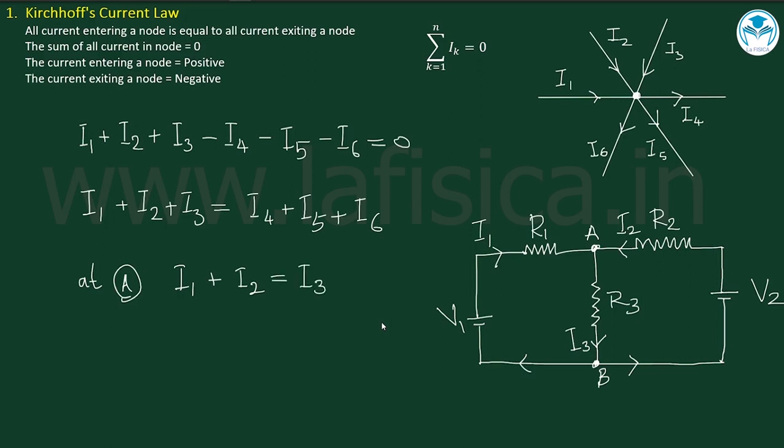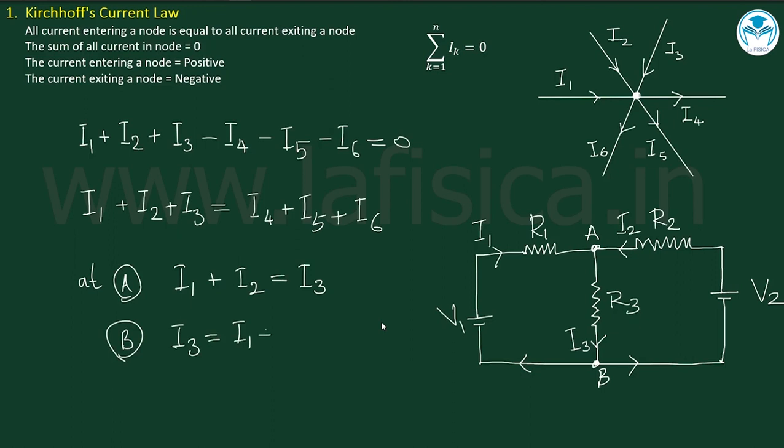At node B, I3 is entering the node and I1 and I2 are exiting. Then at B, we can write I3 equal to I1 plus I2.